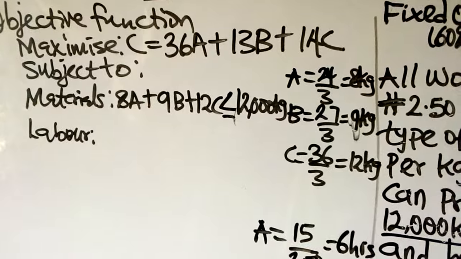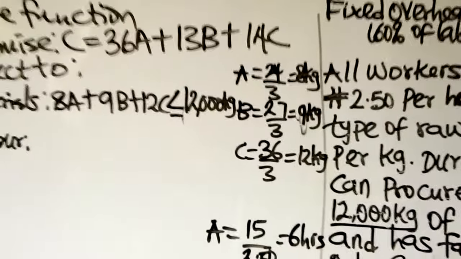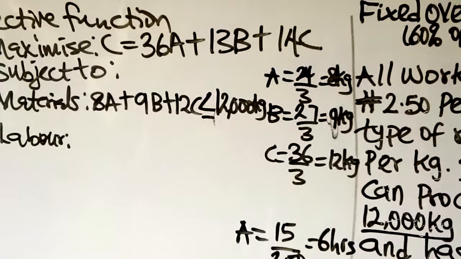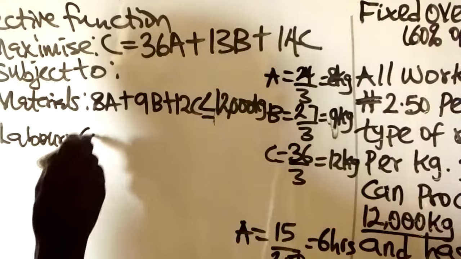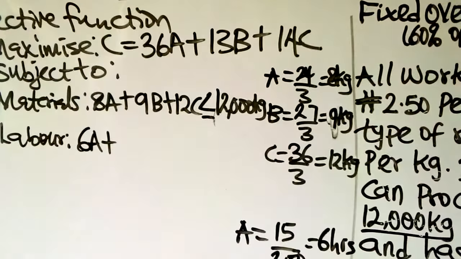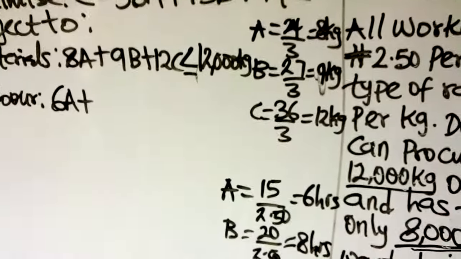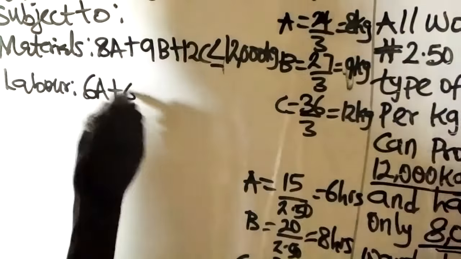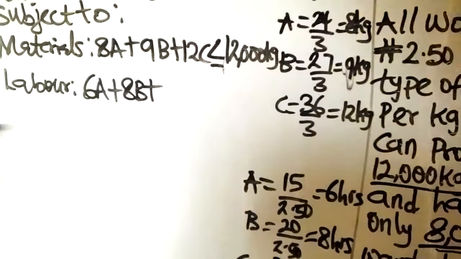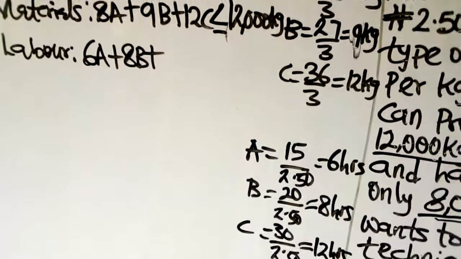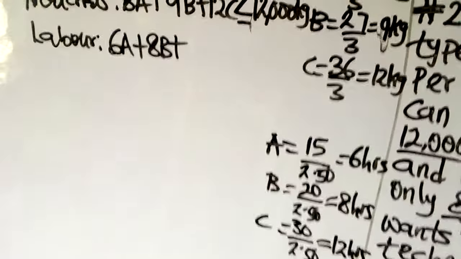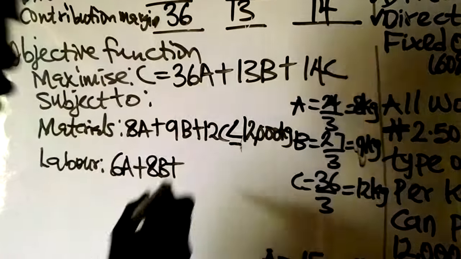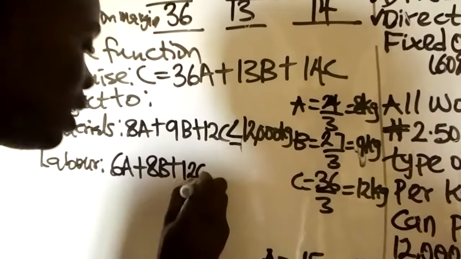So for A, the labor hours is 6 hours, so we have 6A plus, for B, 8 hours, 8B, and for C, 12 hours, 12C.